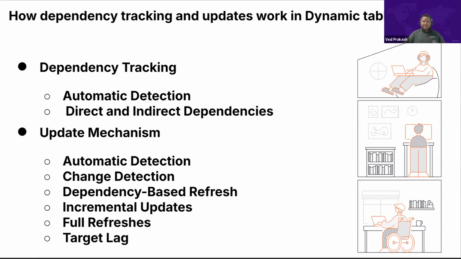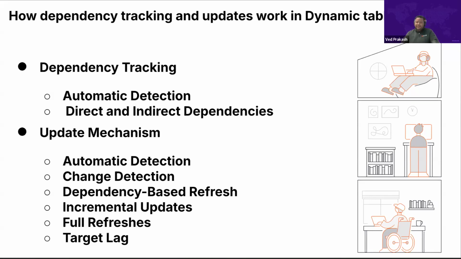So automatic detection: when you create a dynamic table using a SQL query, Snowflake automatically detects it. Now, change detection. Change detection makes Snowflake continuously monitor the source tables for any changes: inserts, updates, or deletes.